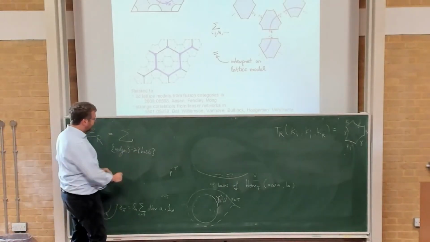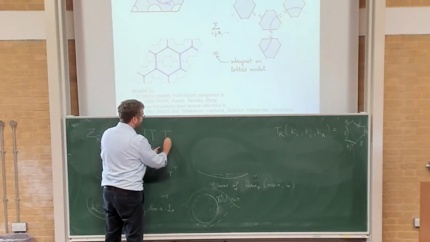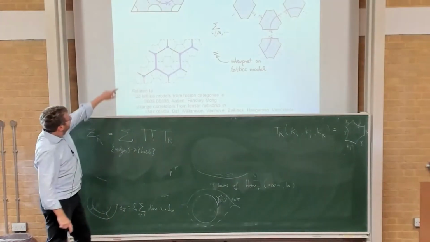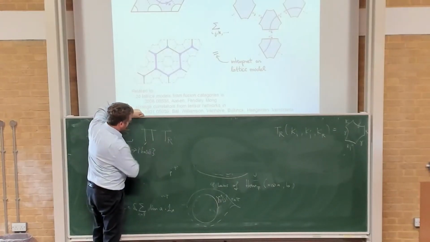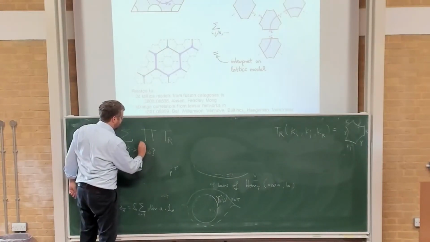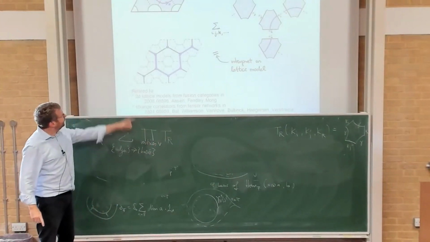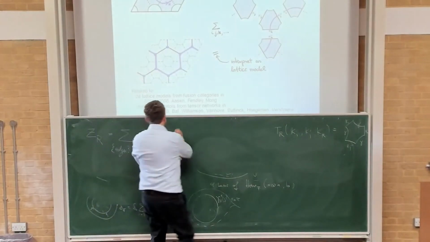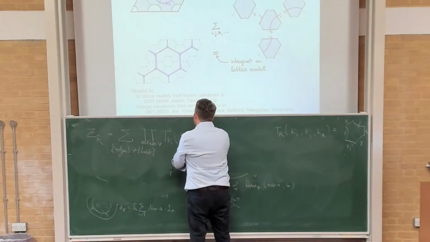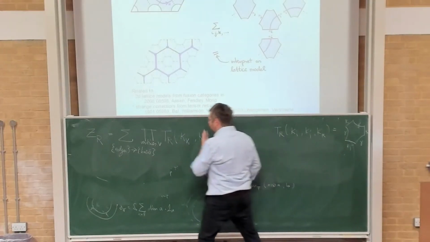For each configuration, for each such assignment, I take the product over all of these weights. And the product I have to take over vertices V. And then for each vertex, I get a weight which depends on the state on the 3 adjacent edges. So I'll write this as kappa V1, kappa V2, kappa V3, where V1, V2, V3, maybe I should give it a name.